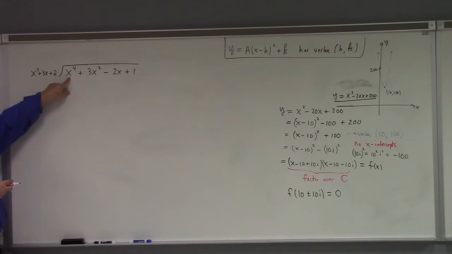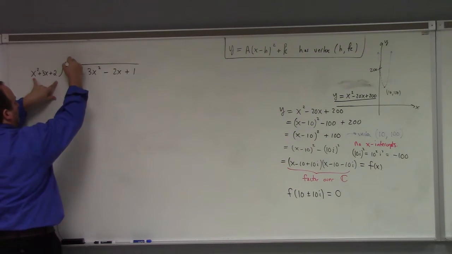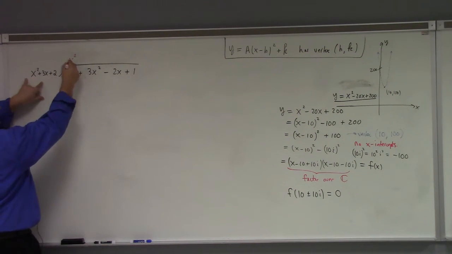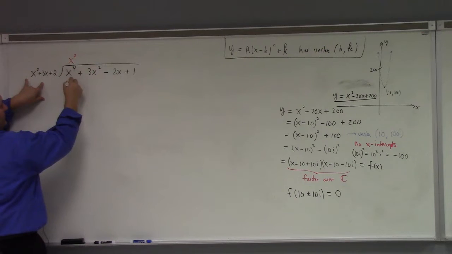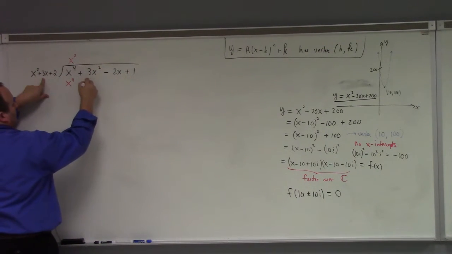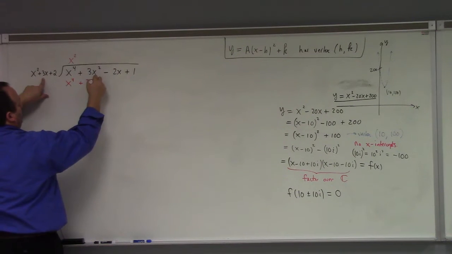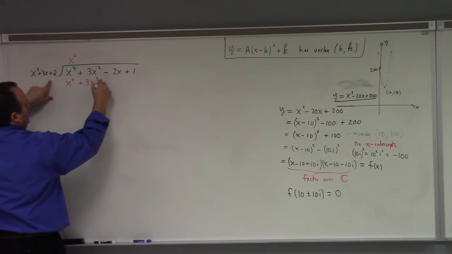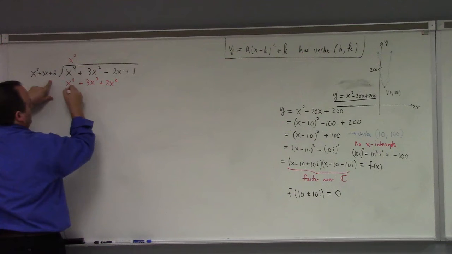How do I get x to the fourth from this divisor? I'm going to multiply by x squared, right. So I'll put x squared here. And then I multiply this x squared by this and put it down here. So I get x to the fourth. x squared times 3x is 3x cubed, plus 2x squared.